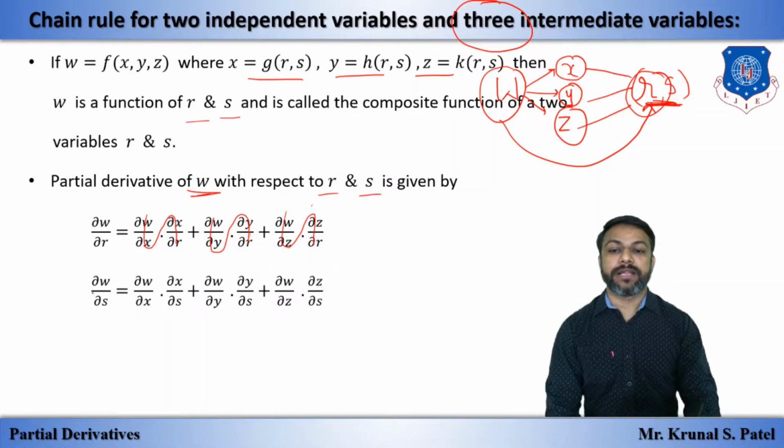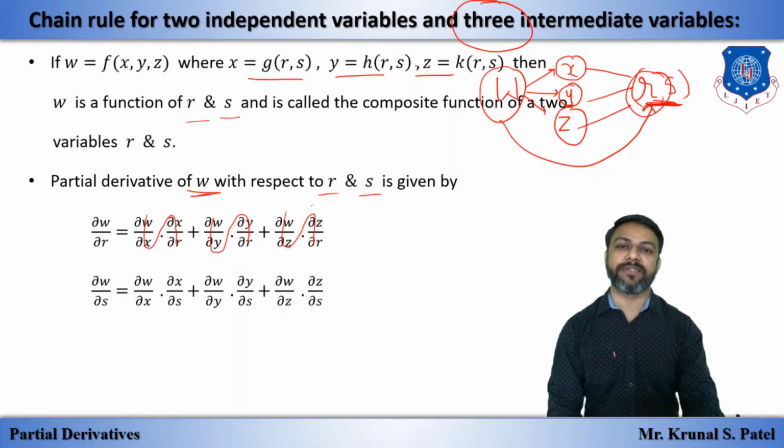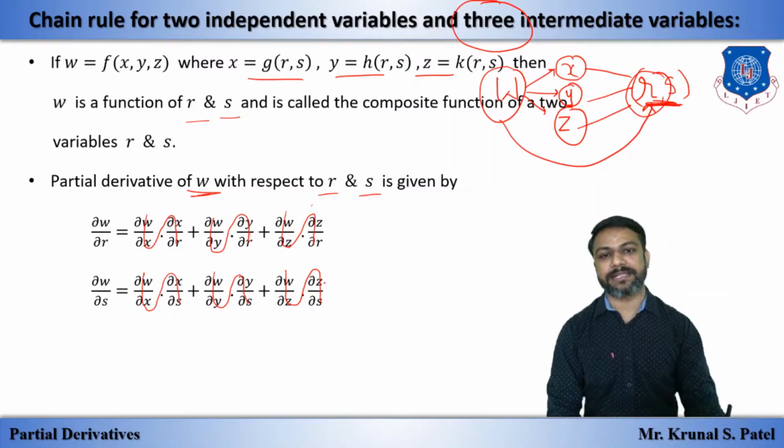Same way, if you want to find del w by del s, same x, y and z, all these three intermediate variables contain s. So same, del w by del x by del s, del w by del y by del s, del w by del z by del s.